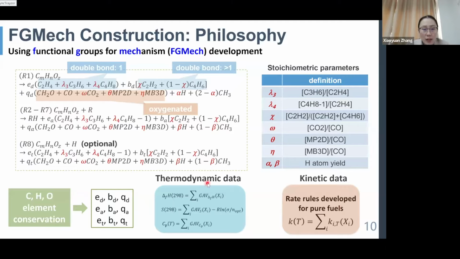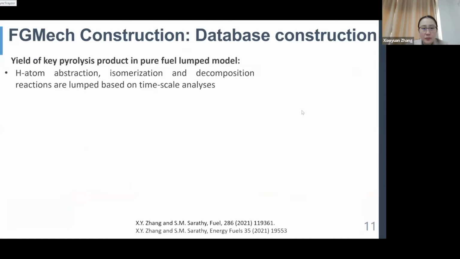reaction. So right now, the only unknown parameters are the stoichiometric parameters, which are closely related to the yield of key pyrolysis products like ethylene and propene. In this work, to get the yield of key pyrolysis products, we adopted the machine learning method.